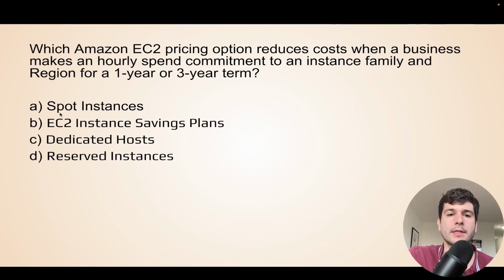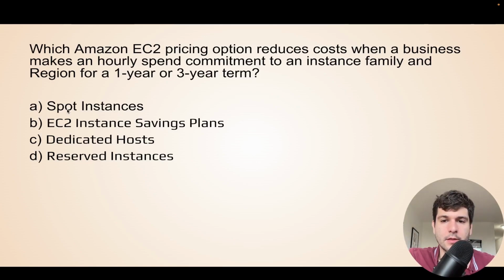So spot instances, there's a bunch of different plans with EC2 instances, and you should definitely study all of them because it's likely you'll get a question about it on the exam. Spot instances are where you can purchase unused capacity from Amazon, but Amazon can take that back from you at any time. It's extremely cheap.